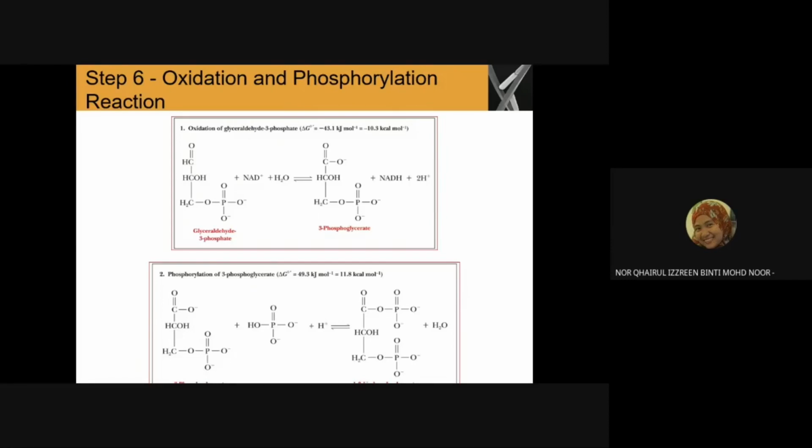The second reaction here is the phosphorylation reaction where 3-phosphoglycerate plus a phosphate group plus H plus produces 1,3-bisphosphoglycerate plus H2O.